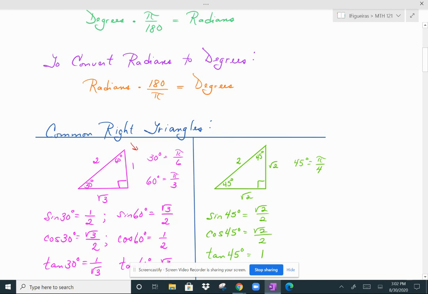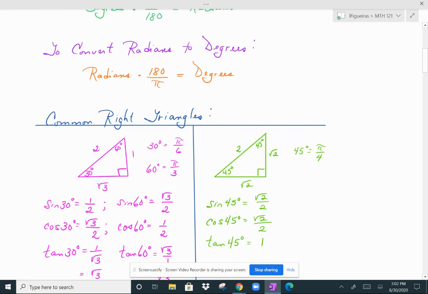So the three sides of the triangle are 1, root 3, and 2. Remember that 1 is always opposite of the 30 degrees, and the root 3 is always opposite of the 60 degrees. So even if 30 degrees and 60 degrees are flipped, then the 1 and the root 3 would switch as well. But the hypotenuse remains as 2.